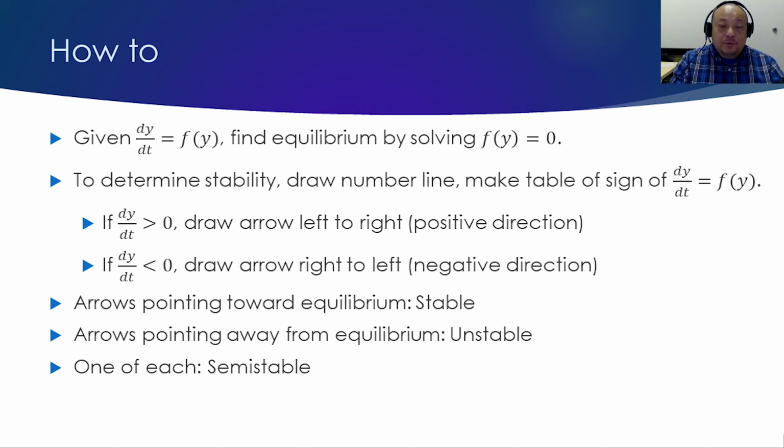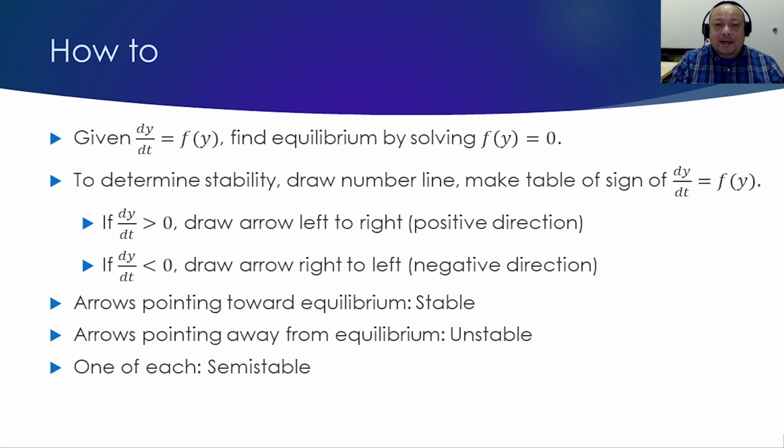Now, the summary of methods. Given the equation dy/dt equals f(y), to find equilibrium, set dy/dt equals 0 and solve the equation f(y) equals 0 algebraically. To determine the stability of the equilibrium solutions, make a number line and a table of signs. A positive dy/dt means an arrow that points from left to right.